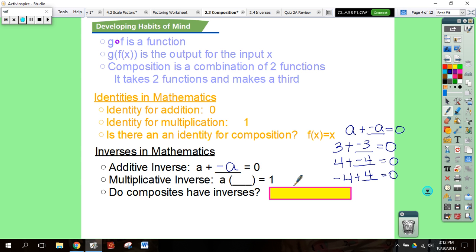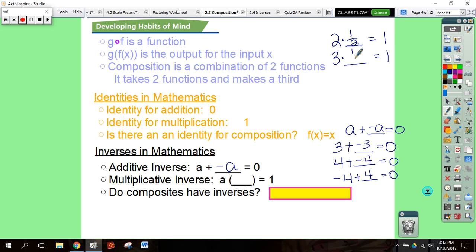Multiplicative inverse, what would you have to multiply A by to get 1, okay? So if you think about 2 times what is equal to 1? 3 times what is equal to 1? For 2, if you take 2 times 1/2, you would get 1.